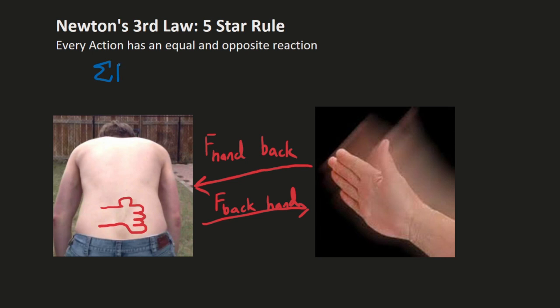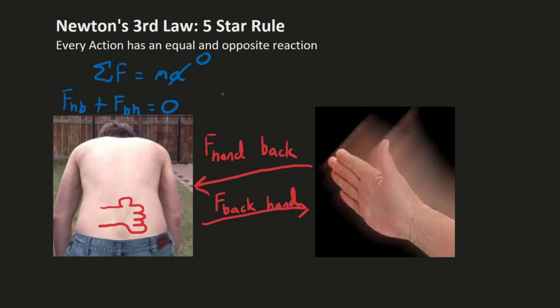And the way we would show this with an equation is if we do the sum of forces at the moment your hand is striking the back. Sum of forces equals ma according to the second law. We know that acceleration is going to be 0. So our forces are going to be the force of the hand on the back, I'll just use the shorter subscripts, plus the force of the back on the hand, is going to be equal to 0.